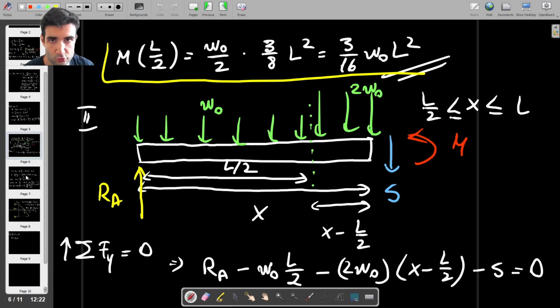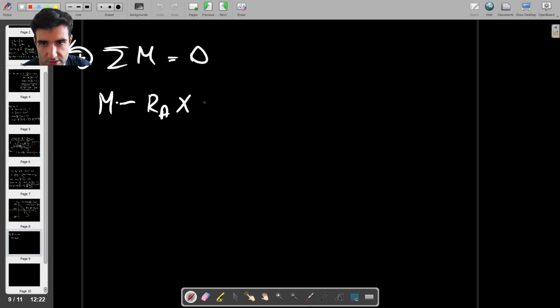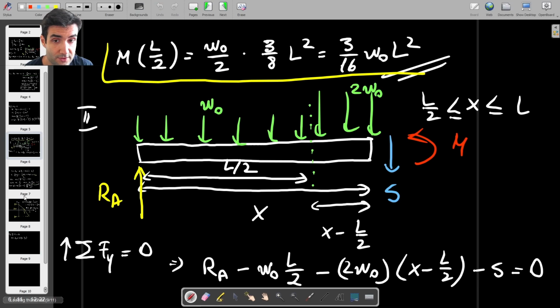Then we have the two green ones. So we have W naught, which is producing a counterclockwise moment. So we have W naught L over 2, which is the force. And now we have to figure out what the moment arm is. The resultant force is essentially at L over 4.